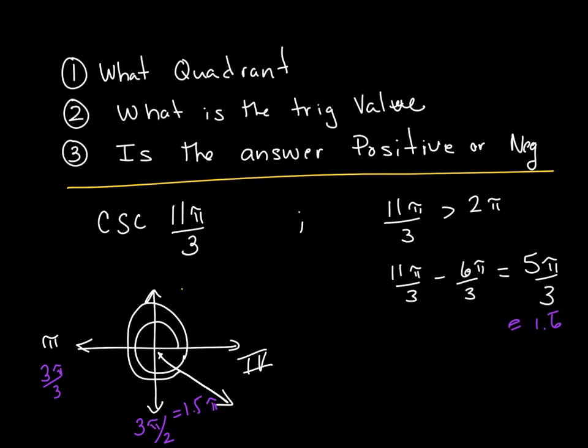Now, because I know the denominator is 3, I know this has a reference angle of pi over 3. And the point on the unit circle for pi over 3 is 1/2, comma, square root of 3 over 2.